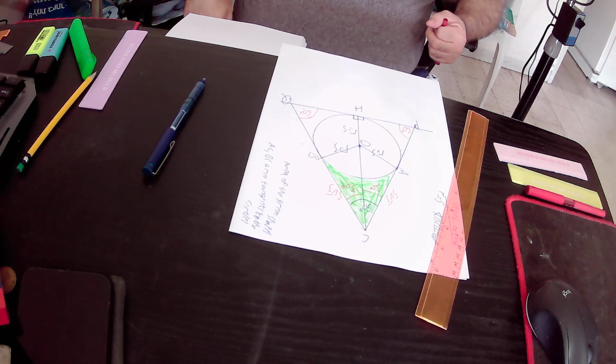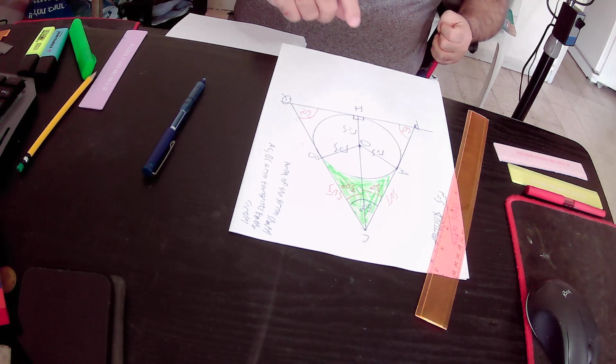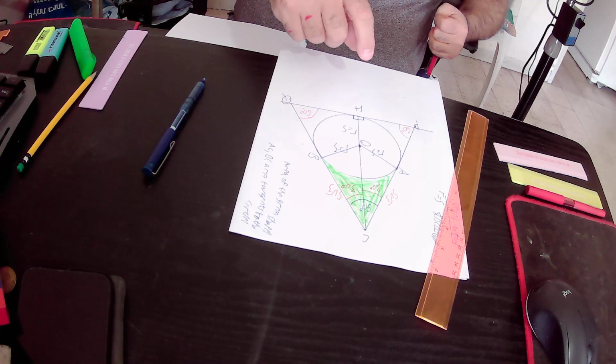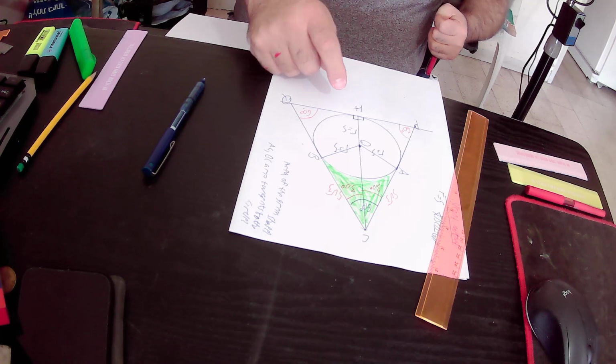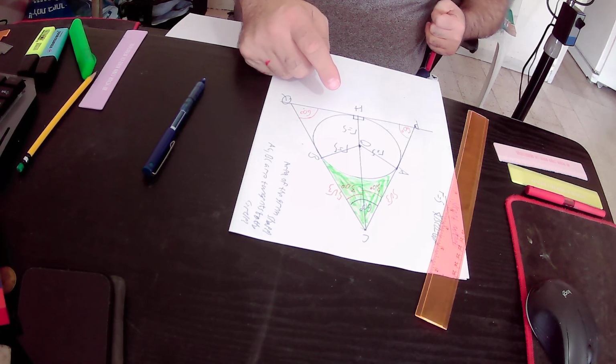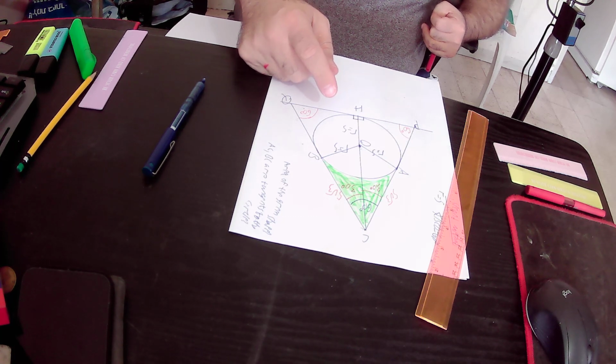And we have another rule that says that the height from the center of an equilateral triangle crosses the sides.